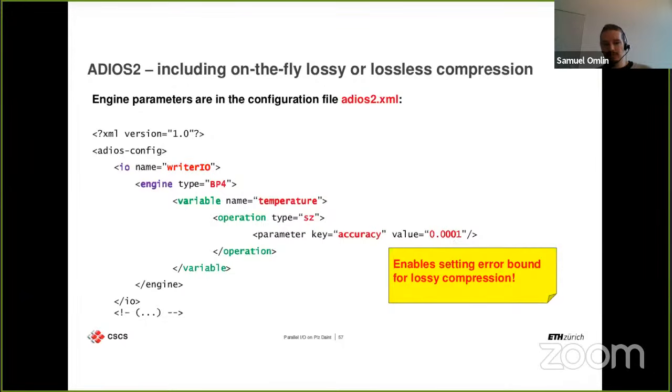So it will be sure that even though I use a lossy compression, the error will never be bigger than this. And so this is, I guess, for visualization and many tasks, just good enough. And you can get maybe like 100 times compression and things like that. You can also do lossless compression, but that wasn't shown here.